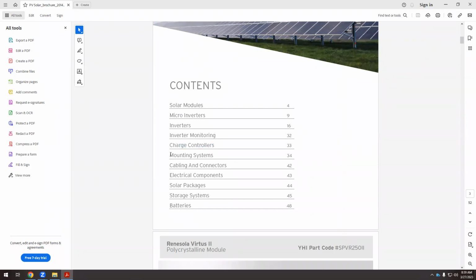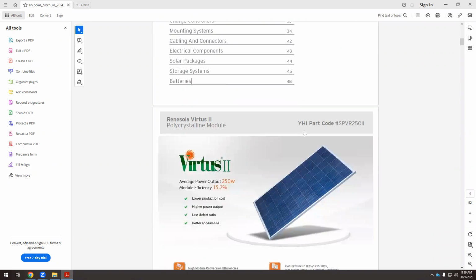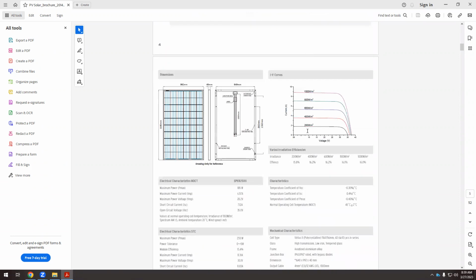And then we have the mounting systems. That would be the rack, this open rack or whatever. And we have electrical components, storage systems, batteries. Okay, so here you can find information about everything that makes up a PV system. It's not just the panel, it's about everything. But that's the information that we want so far.